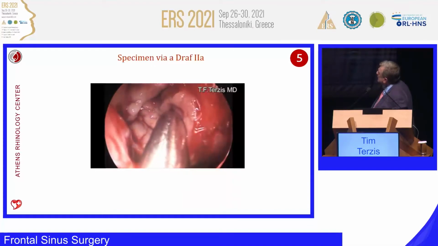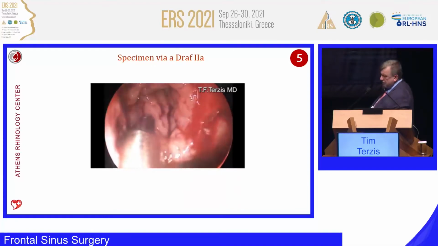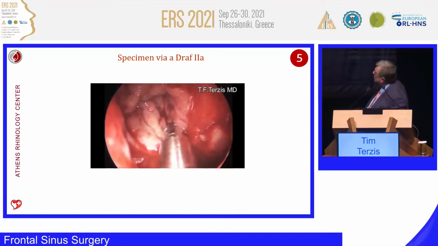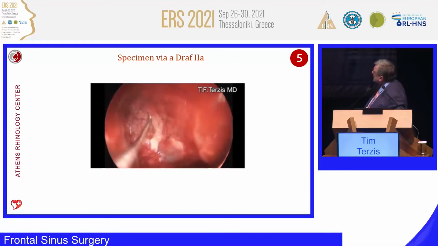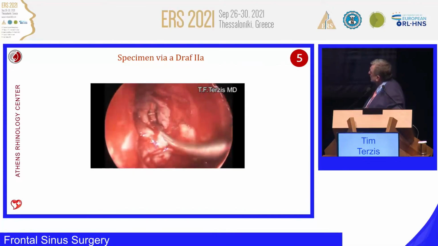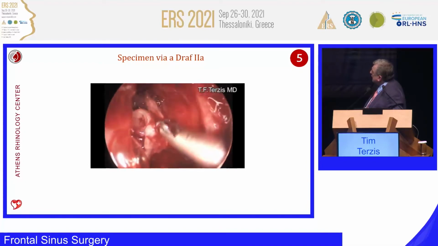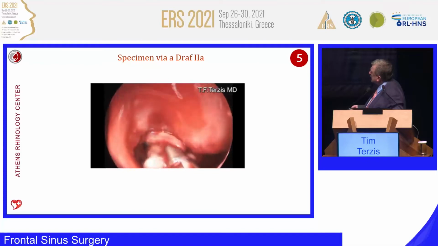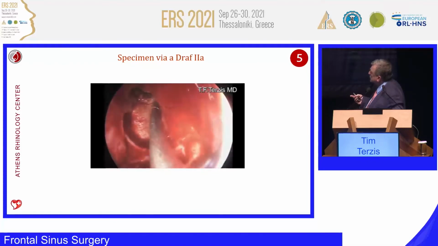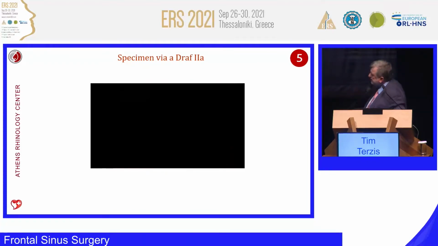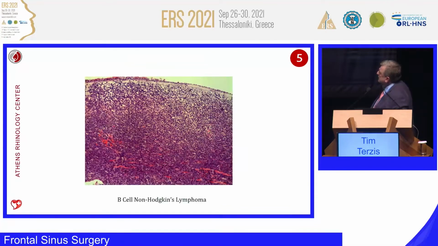So we did a biopsy via Draf 2A because we had a wide frontal recess, so we didn't want to go through the anterior wall. It was quite easy to remove. Polypoid mucosa, easily detached from the bone. And this was the histology, a B-cell lymphoma again.